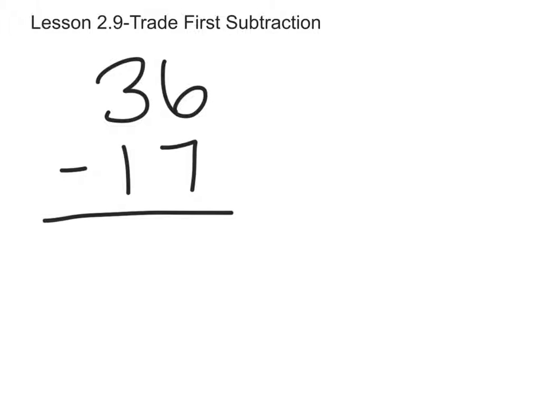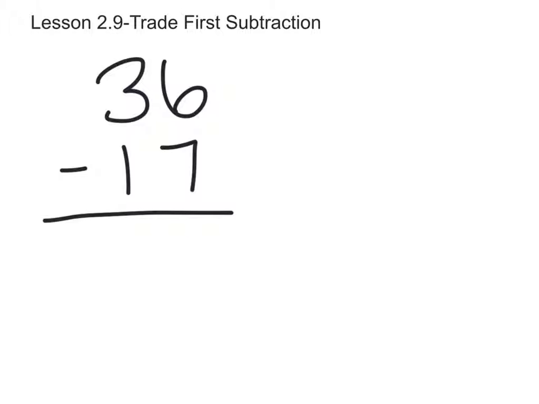So in our ones, we have 6 minus 7. When you look at the top number 6, it is less than the bottom number 7. I cannot take 7 away from 6, so I have to trade first or borrow from the tens.